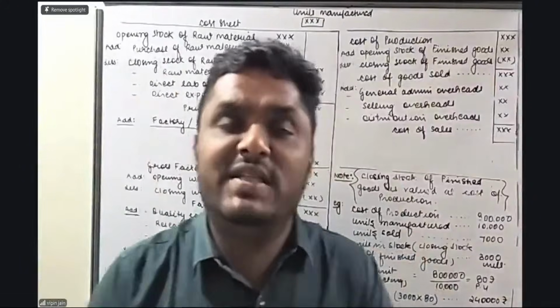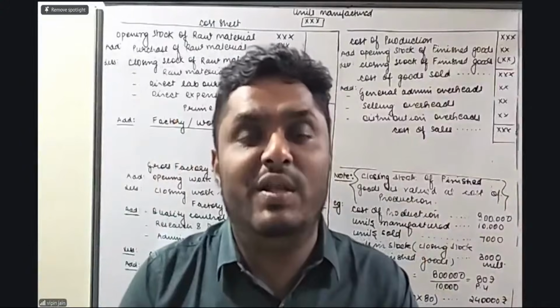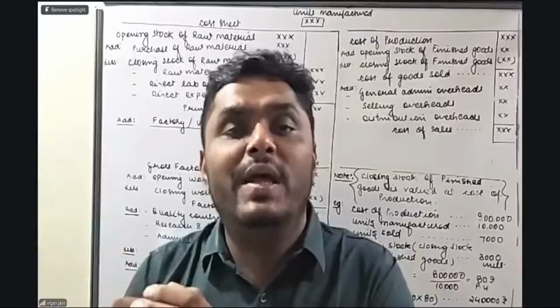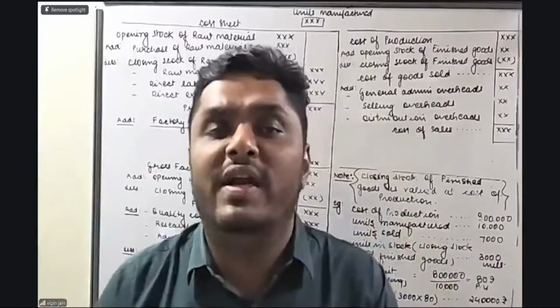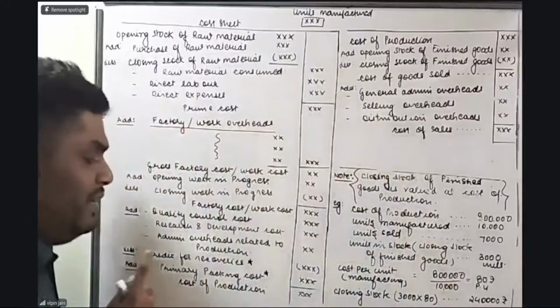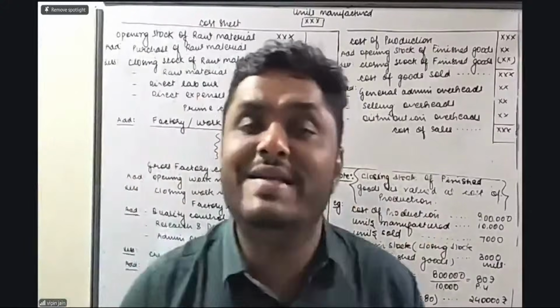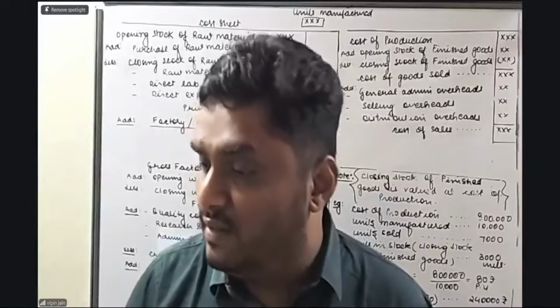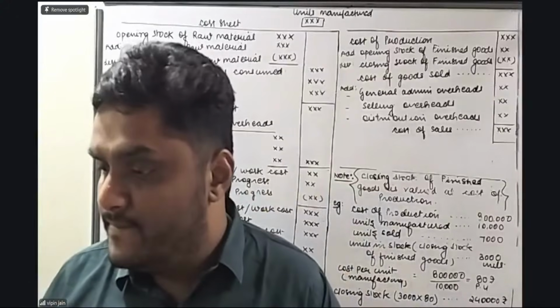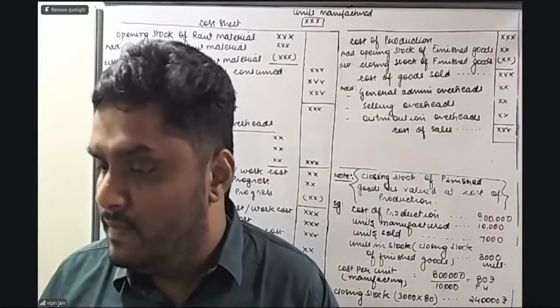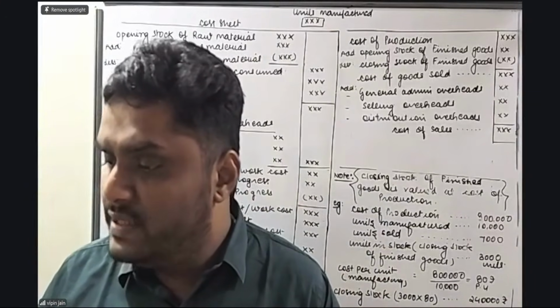If any waste is generated in the manufacturing process and that waste is sold in the market, the amount realized on that waste is what we call credit for recoveries. I hope your query is resolved, Maithili.